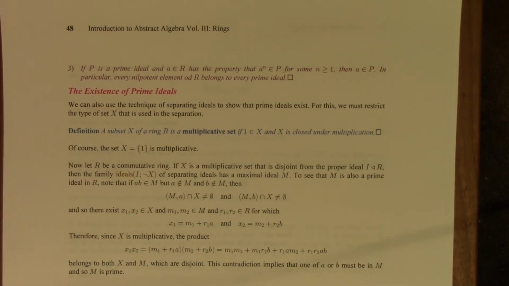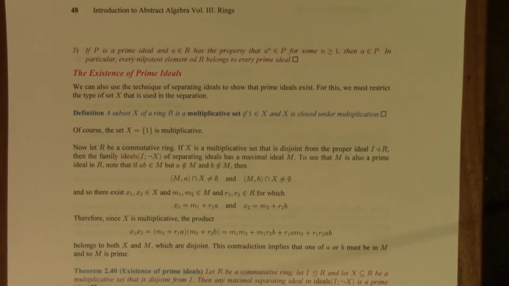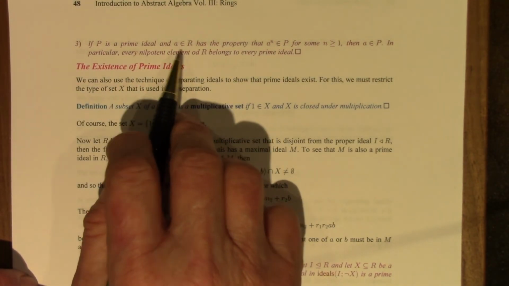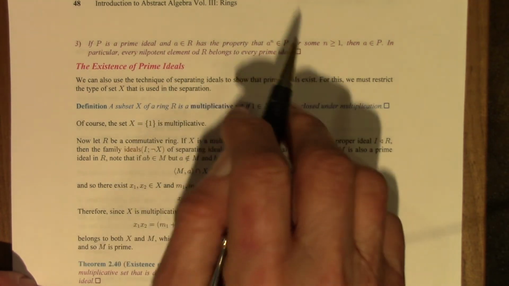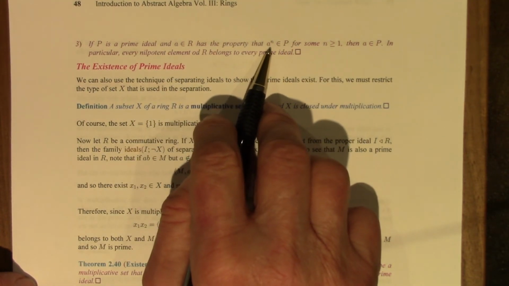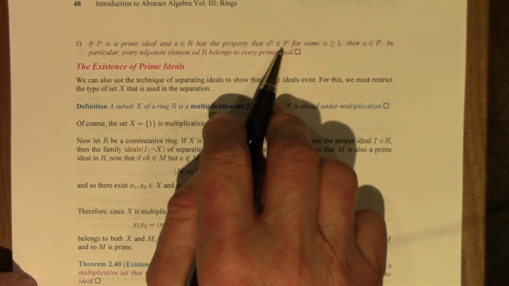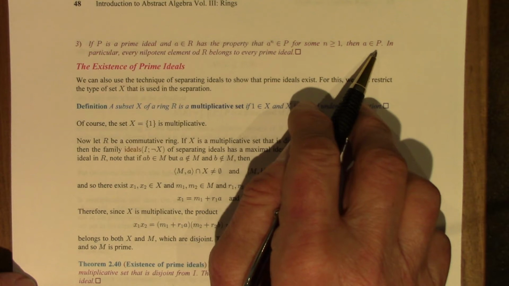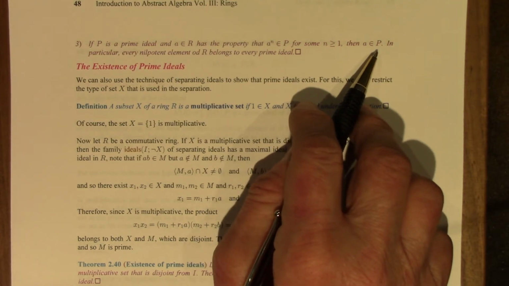Finally, part 3: if P is a prime ideal and a is an element of R that has the property that some positive power of a belongs to P, then a also belongs to P. So if a squared is in P, so is a.